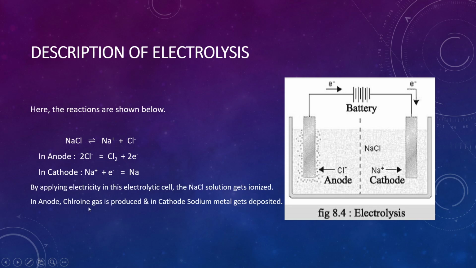At the anode, chlorine gas is produced, and at the cathode, sodium metal gets deposited. So this is the description of electrolysis. It's a complete circuit which includes an anode, a cathode, and a battery, all connected by wires. This is the end of the chapter.